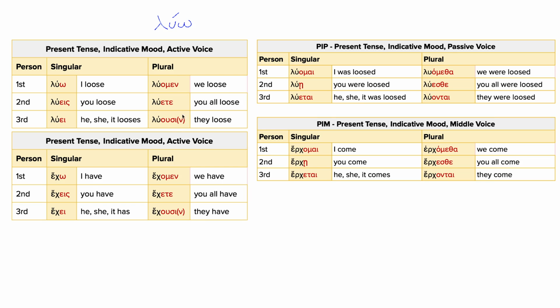So you recognize usin from our previous slide, and you recognize the ete from our previous slide. And then we have the word echo, which means I have. Just to show you how it's the same, echo, echeis, echei. Echomen, echete, echousin. So we have the same endings there.